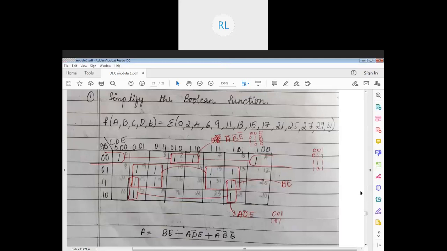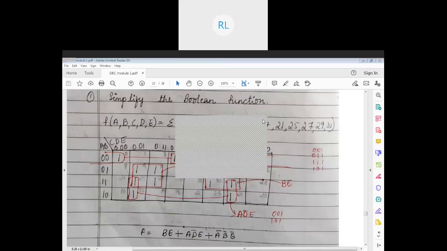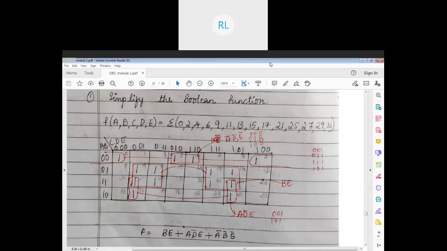All types of cases I have taken into consideration, wherein you will know how to group the ones. The more number of ones, the best equation you get, the most optimized equation you would get. So that's our idea. Once you're done, let me know and we can proceed.